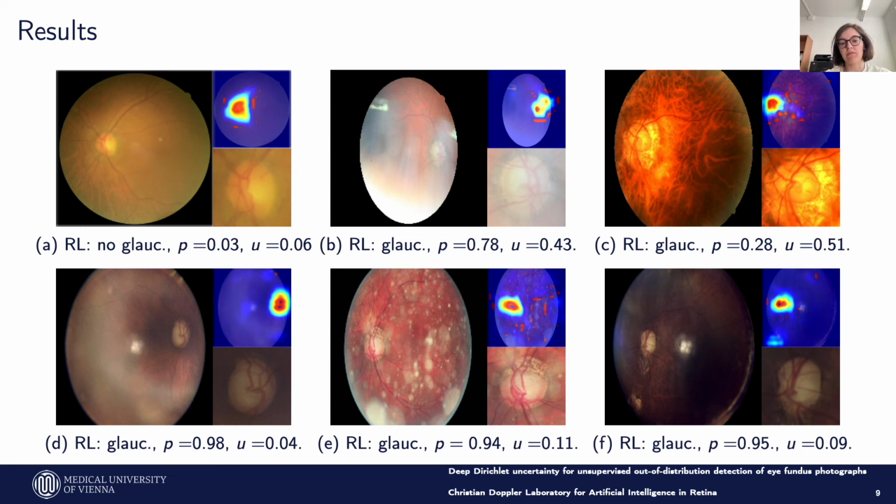And this is because, despite they present blur, bright artifacts, and low luminosity, the OD regions are still visible and thus images are still diagnosable. In contrast, in the second image, the OD is not as visible due to high brightness and thus the uncertainty is high. In image C, we have an uncommon glaucoma manifestation that was scarce in the training set and thus the network considered it to be an outlier.